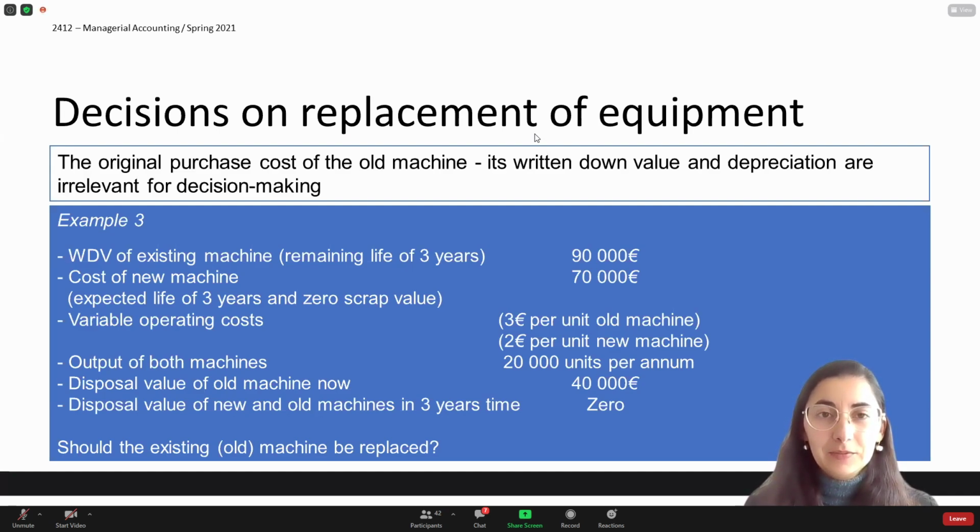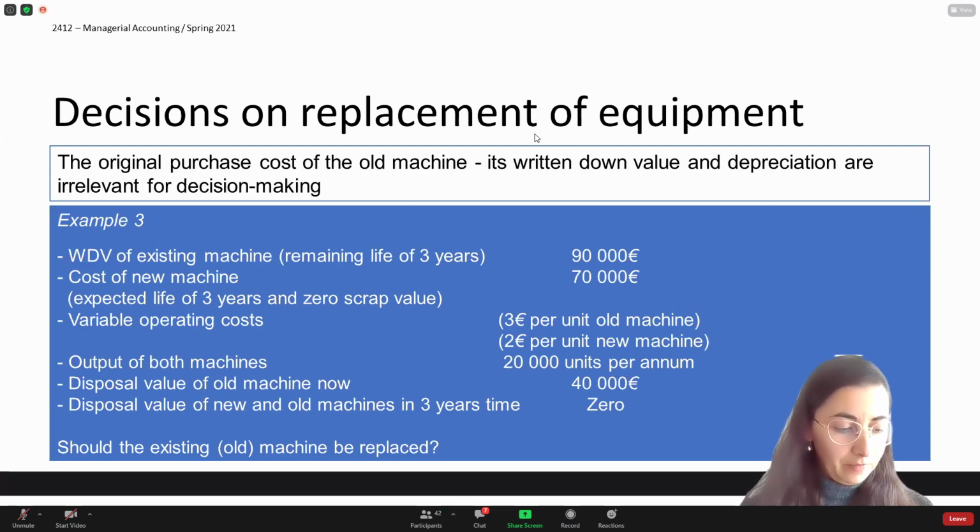what happens? Actually, I would replace, because when I put all into account the disposal value of the old machine, the costs and operating costs for the 3 years, we would gain with a new machine by having a total cost of 190,000, because it's the 70,000 of the costs plus the 20,000 units times the amount per unit times the 3 years.